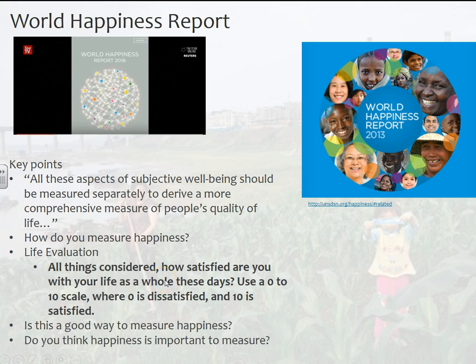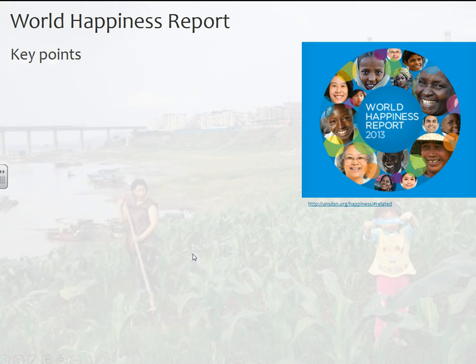And I don't know, this is a question to ponder. Do you think this is actually important to measure? Should we be measuring happiness, or should we measure things like education and life expectancy and so forth? This World Happiness Report sounds kind of fuzzy and kumbaya-y, I guess you could say.